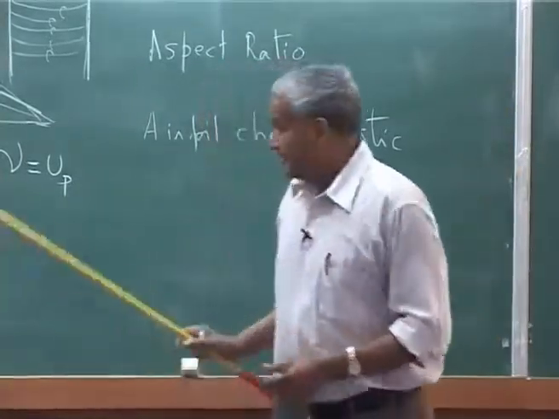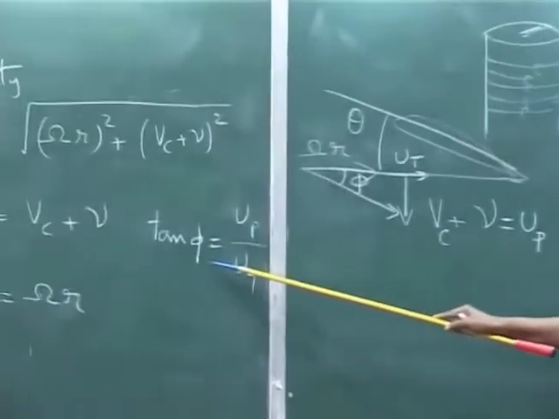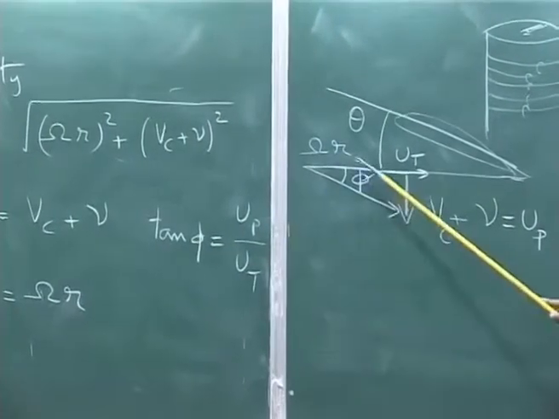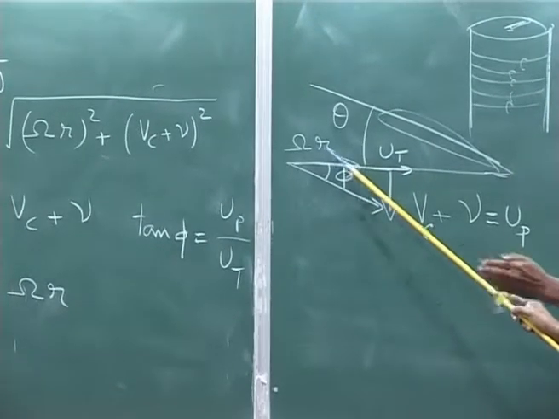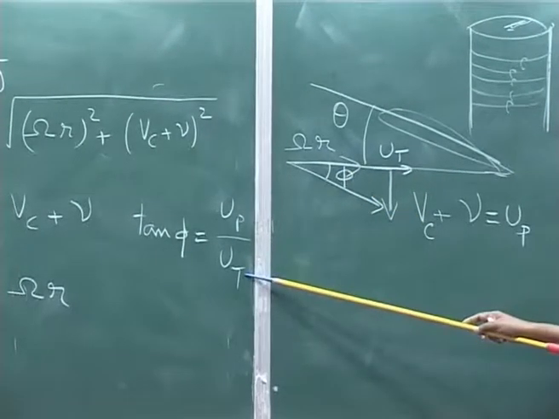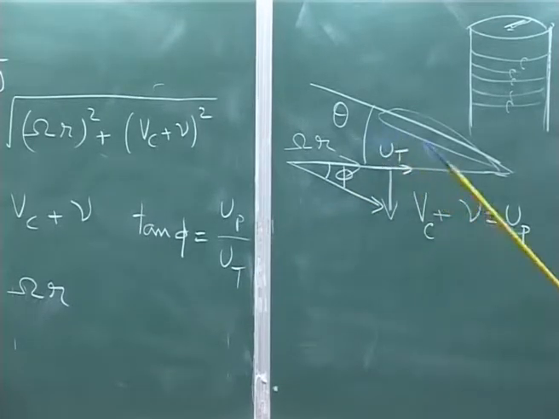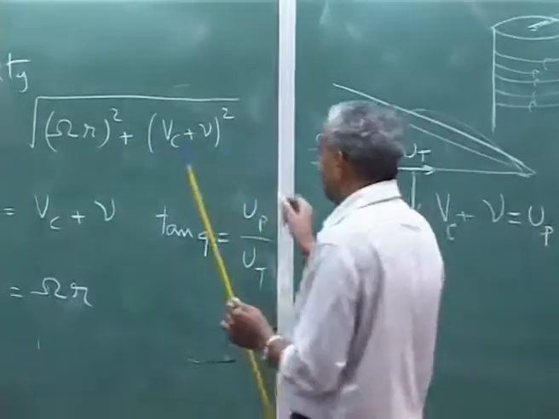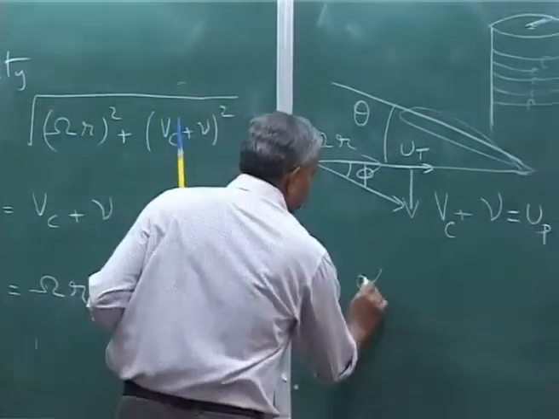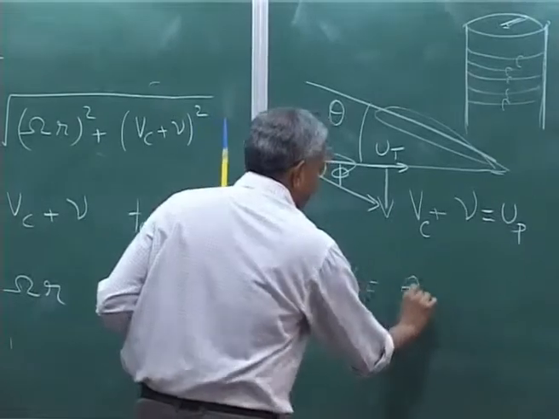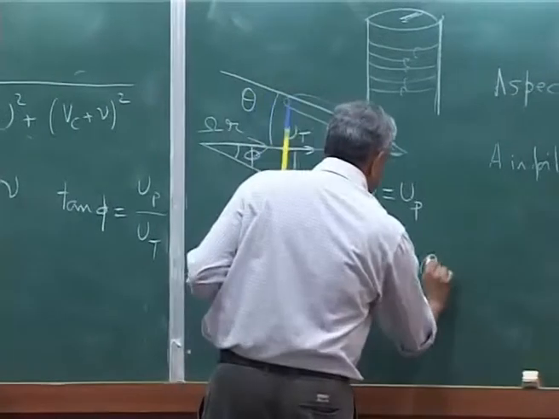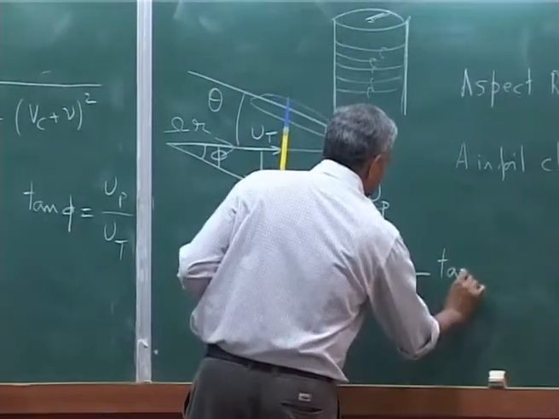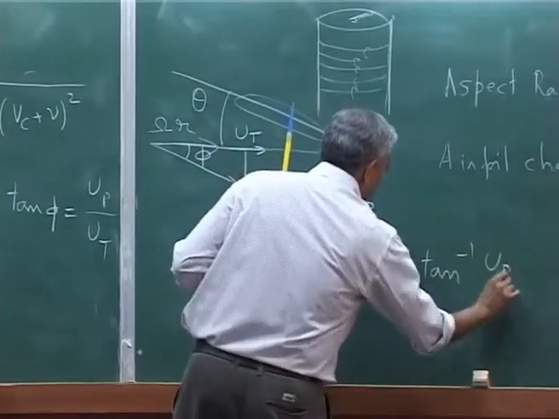Then you see the phi changes because of omega r. So, every cross section, because the tangential velocity is changing, automatically my effective angle of attack, which I call alpha, alpha is theta minus phi, which you may call theta minus tan inverse up over ut.